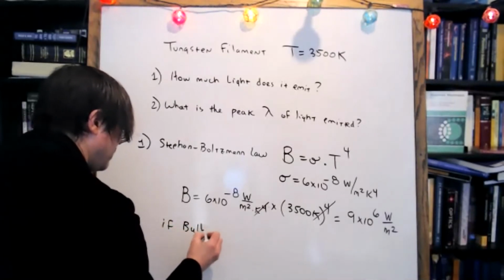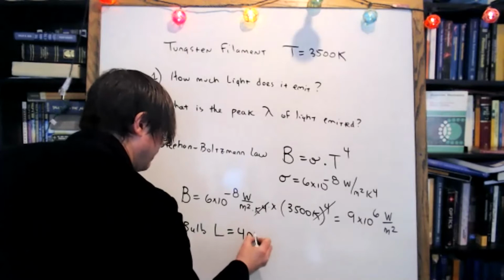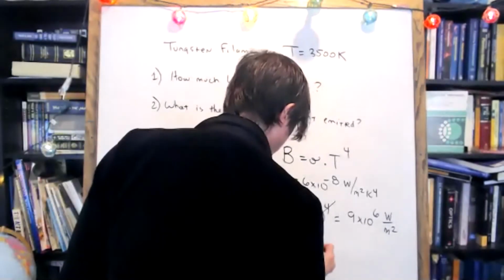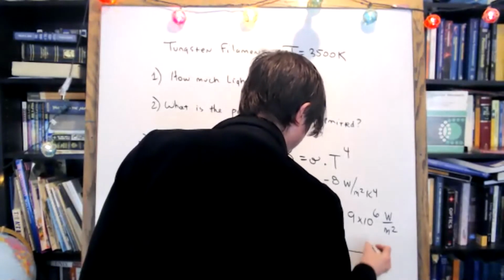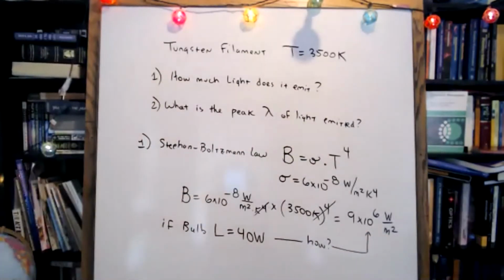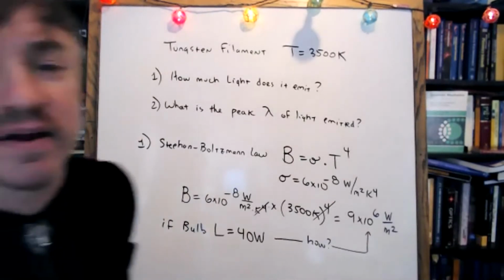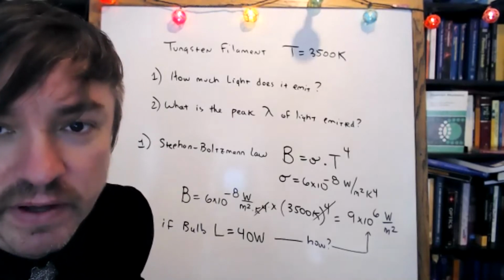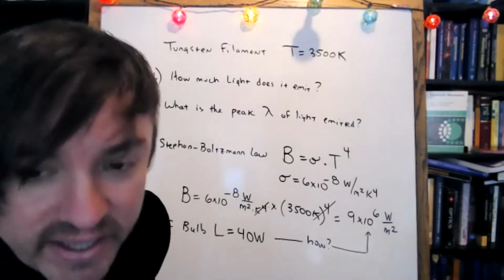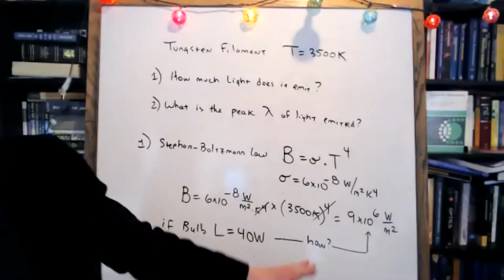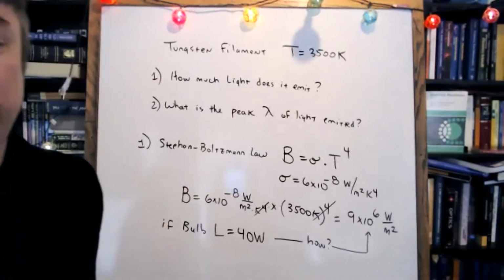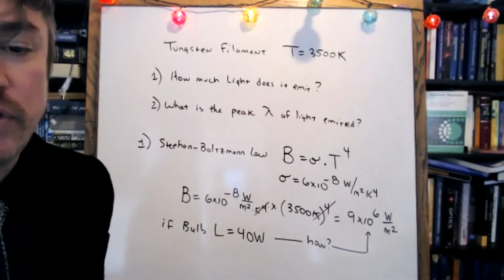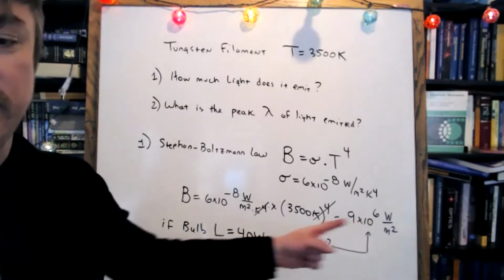If the bulb has a luminosity of 40 watts, how could I have just calculated that that bulb is emitting 9 million watts per meter squared? How can a bulb that emits 9 million watts per square meter only have a total luminosity of 40 watts? Those two numbers don't seem to connect to each other.